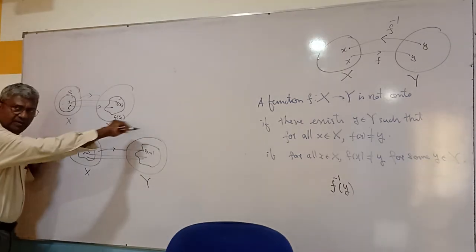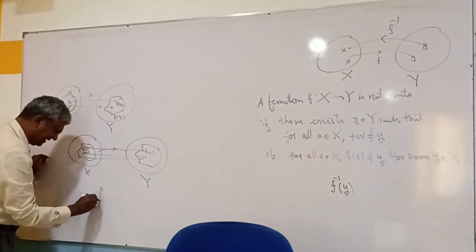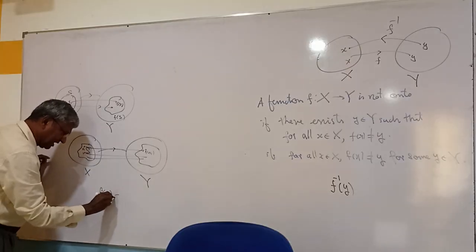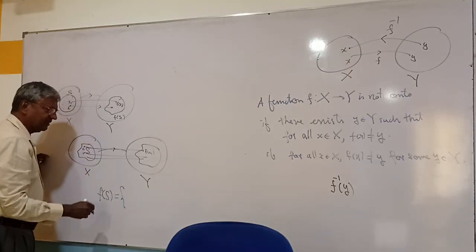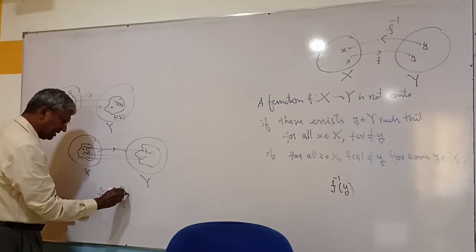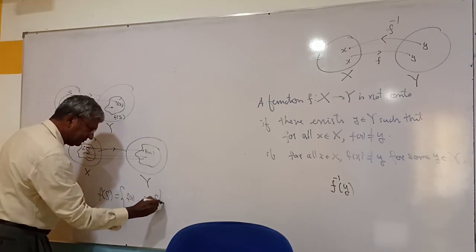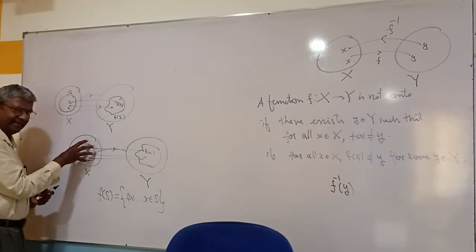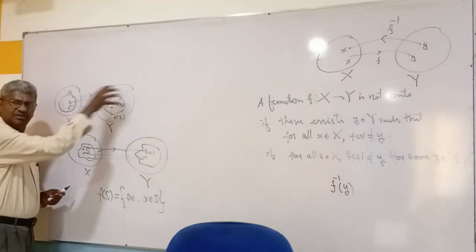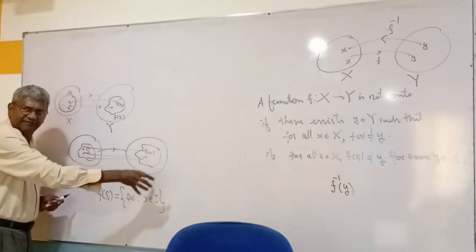So this set is f(S). f(S) has the expected meaning, in the sense that f(S) is all f(x) such that x belongs to S. So f takes the set S to the set f(S).